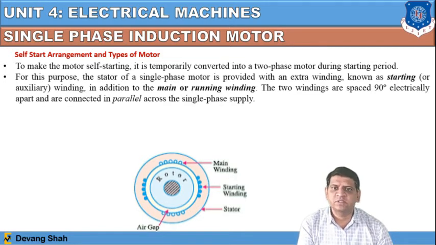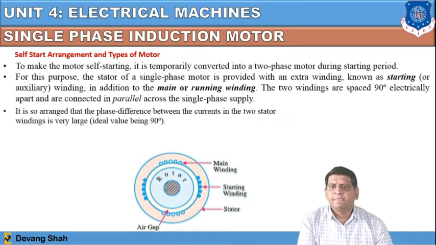For this purpose, the stator of a single phase motor is provided with an extra winding known as the starting or auxiliary winding, in addition to the main or running winding. The two windings are spaced 90 degrees electrically apart and are connected in parallel across the single phase supply.